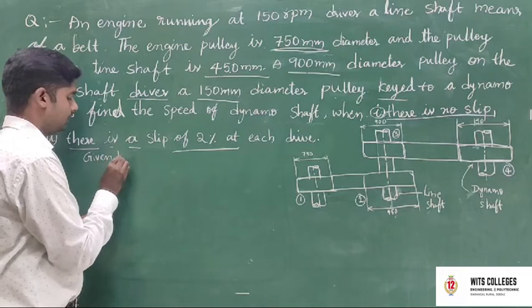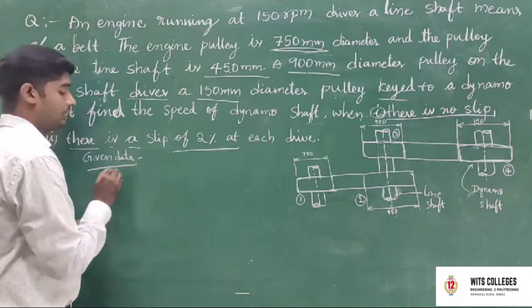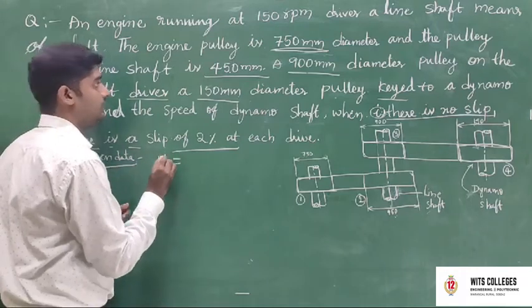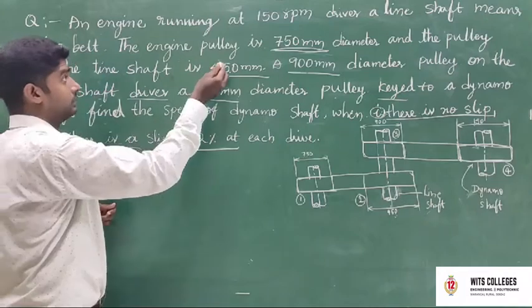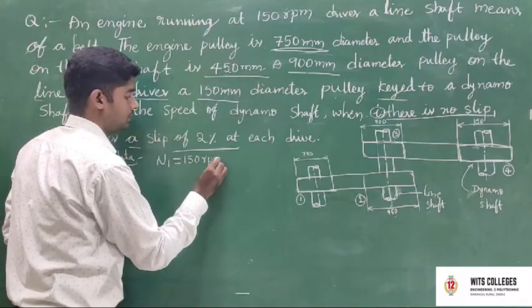First of all, write down the given data. Okay, what is the given data? N1 is equal to 150 rpm.